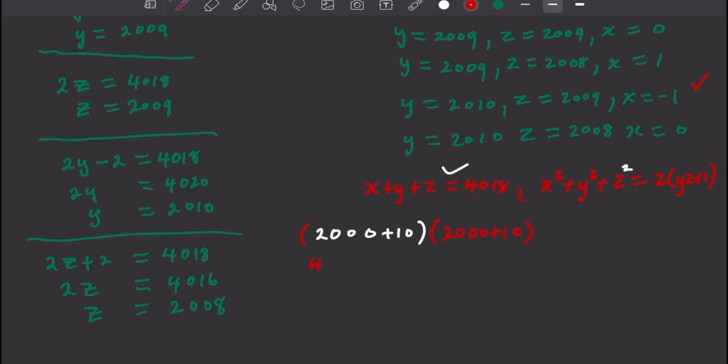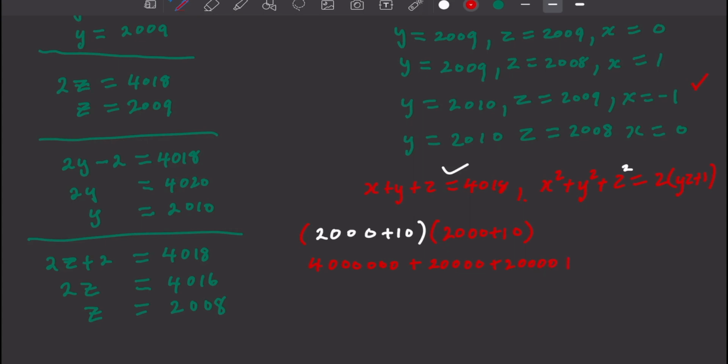And that's going to give me, when I multiply 2000 by 2000, 4 million. I'm then going to multiply 2000 by 10. That gives me 20,000. This is probably the hardest part of the question, where you have to do these computations. It's a bit rigorous. So we're going to have two of those, so we're going to have 20,000.